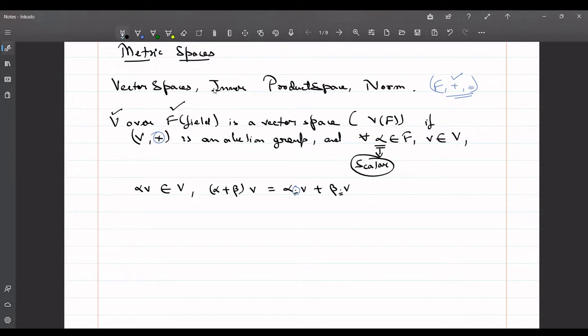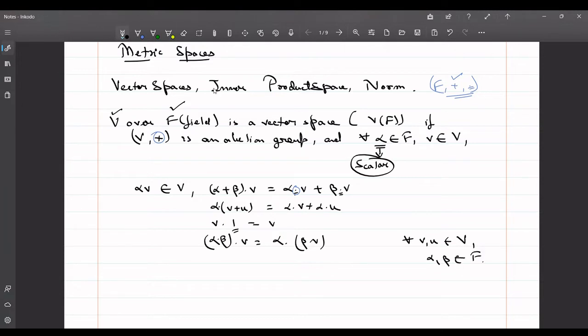Okay, so (alpha plus beta) dot V equals alpha dot V plus beta dot V, and alpha dot (V plus U) equals alpha dot V plus alpha dot U. V dot 1 equals V, where 1 is the multiplicative identity of the field, and alpha dot (beta dot V) is the same as (alpha dot beta) dot V. These happen for all V, U belonging to the vector space V, and alpha, beta belonging to the field.